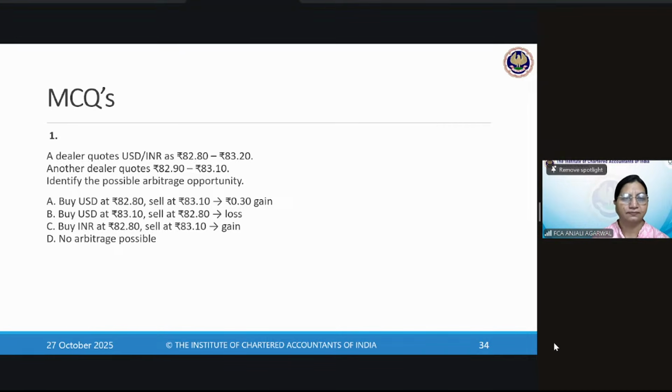Rates are quoted differently by two different dealers. We have said that bid should always be less than ask. So if the bid of any bank is greater than the ask of any other bank, there would be an arbitrage opportunity. Do we see an arbitrage opportunity? Think about it, take a note of this, and maybe we'll discuss it in the next session.